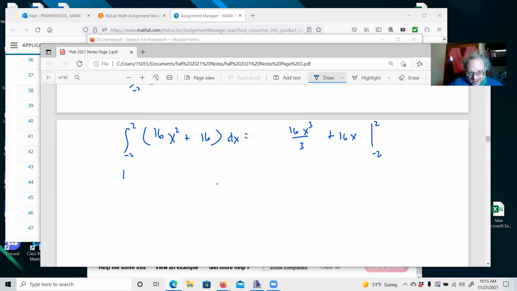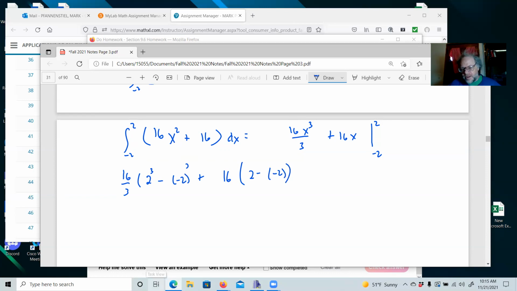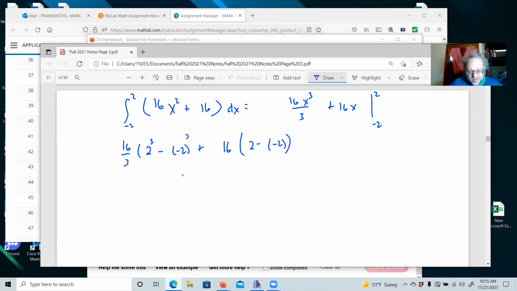Here we have 2 cubed, which is 8. We have 2 cubed minus -2 cubed, plus 16 times 2 minus a -2. So we have 16 thirds.